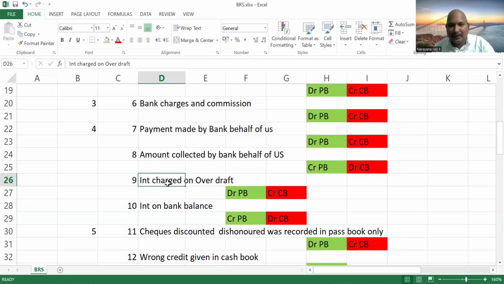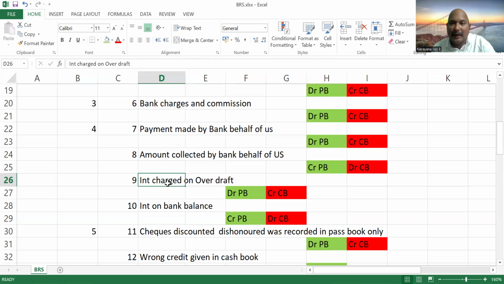For this purpose, they charge interest on the overdraft. This overdraft is also called an unfavorable balance. For example, generally our bank balance in the passbook shows a credit balance, whereas in the overdraft, it shows a debit balance. The interest is charged by the bank on whatever overdraft amount we use.